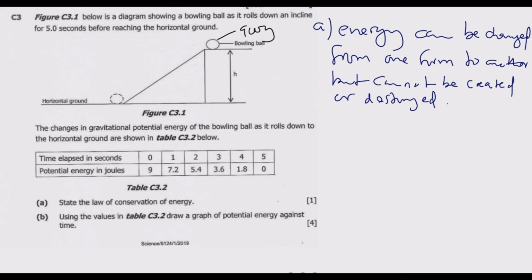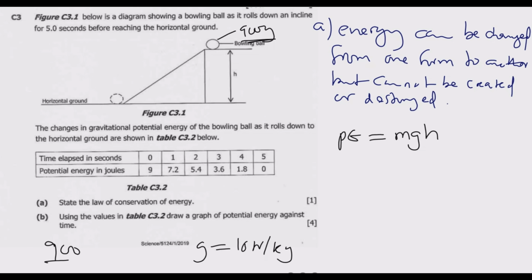So we know that potential energy, or gravitational potential energy, is given by mass times gravity times height, where gravity is basically 10 Newton per kg. So we need to convert this to kgs, which is 900 grams. To convert to kgs, we divide by 1000 because 1000 grams make up 1 kg.